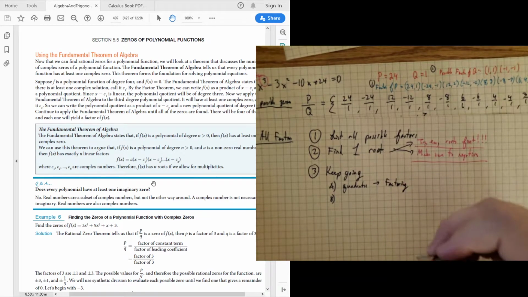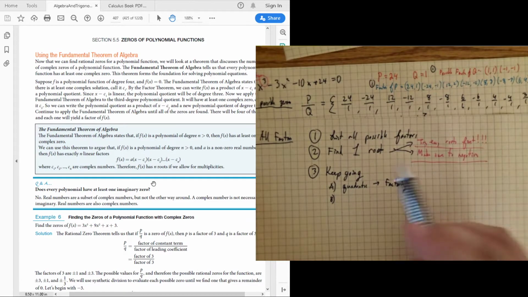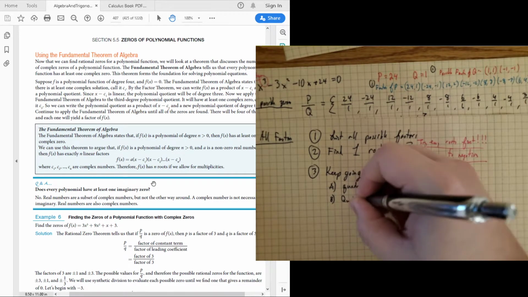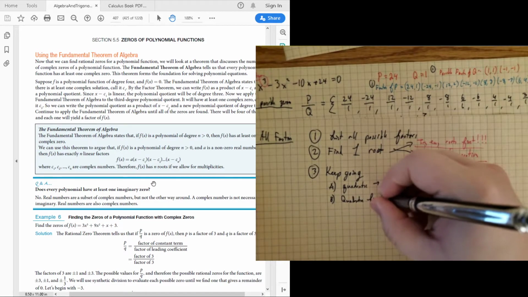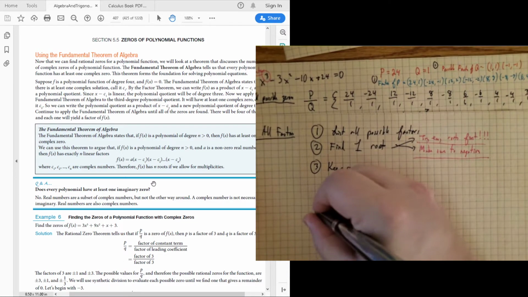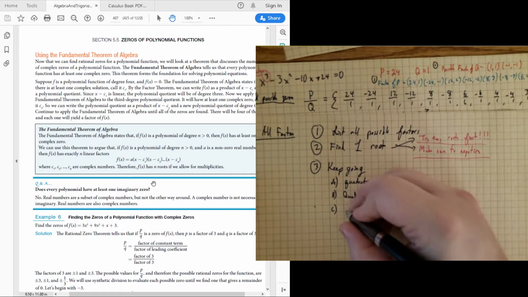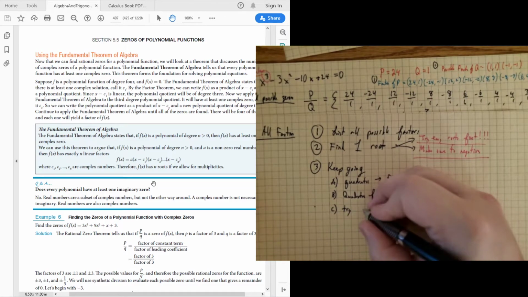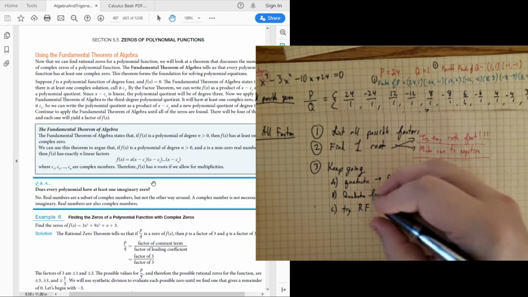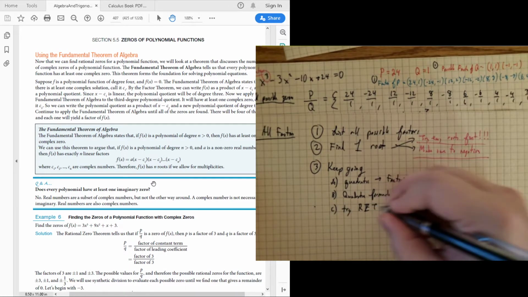If you don't like factoring, you may try the quadratic formula. Until eventually, you may also try the rational zero theorem again.